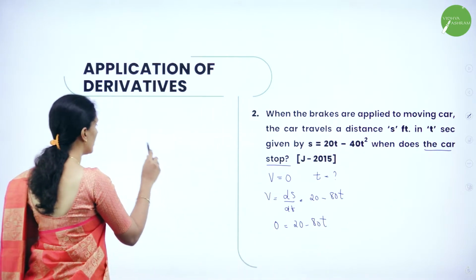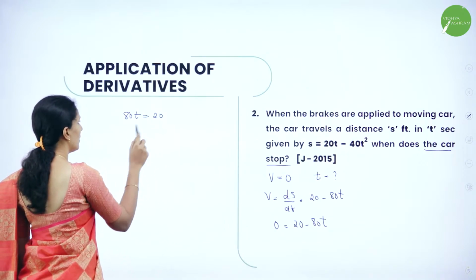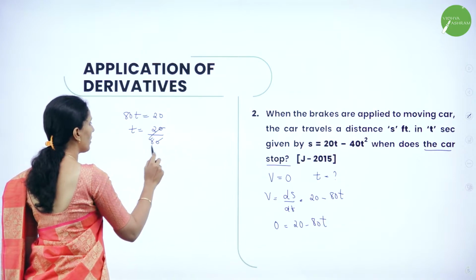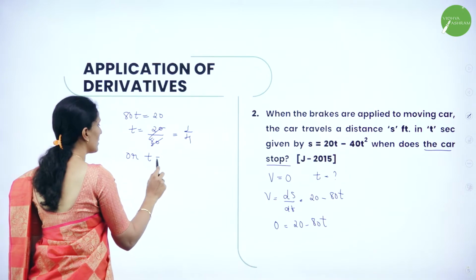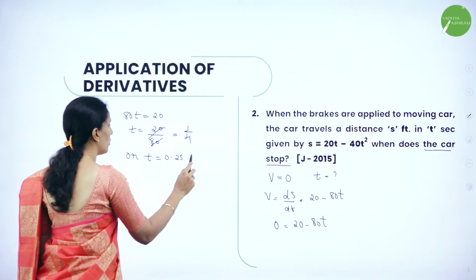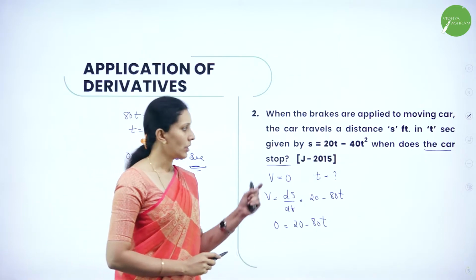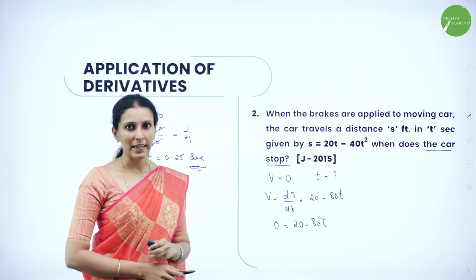So here we get 80t is equal to 20, t is equal to 20 by 80. So when you cancel, you will get 1 by 4, or we can write t is equal to 0.25 seconds. So the car stops at time 0.25 second.